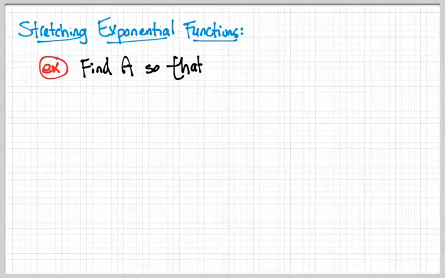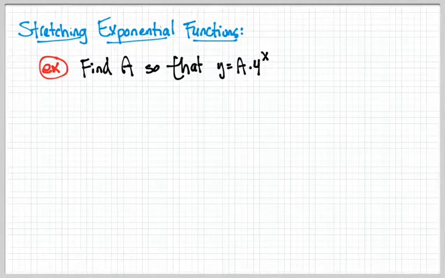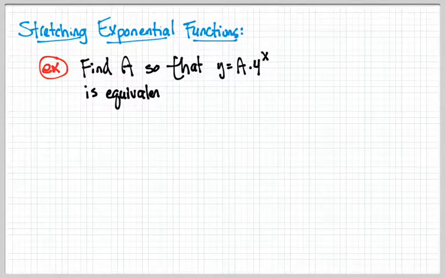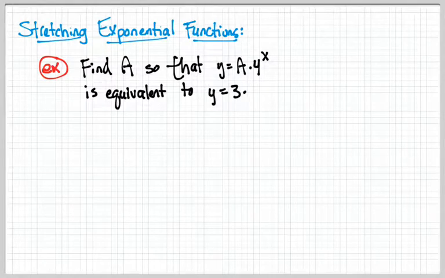Find a so that y equals a times 4 to the x is equivalent to y equals 3 times 4 to the x plus 2. Alright, so if we look at this function, we have two different types of transformations going on.